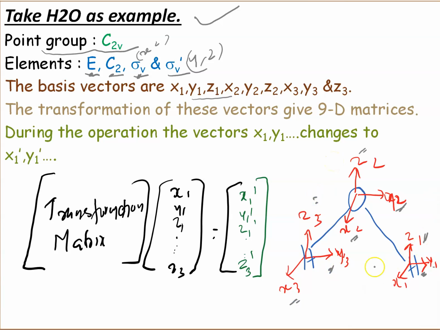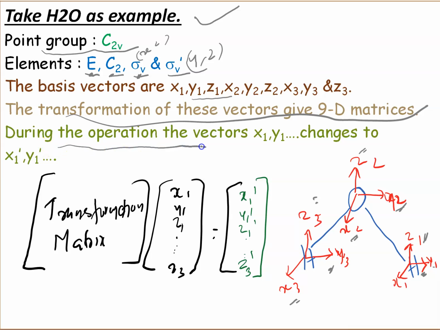And these 9 vectors are the basis for the representation we are going to determine, the total character, the total representation. The transformation of these vectors gives a 9-dimensional matrix. We get a 9-dimensional representation.